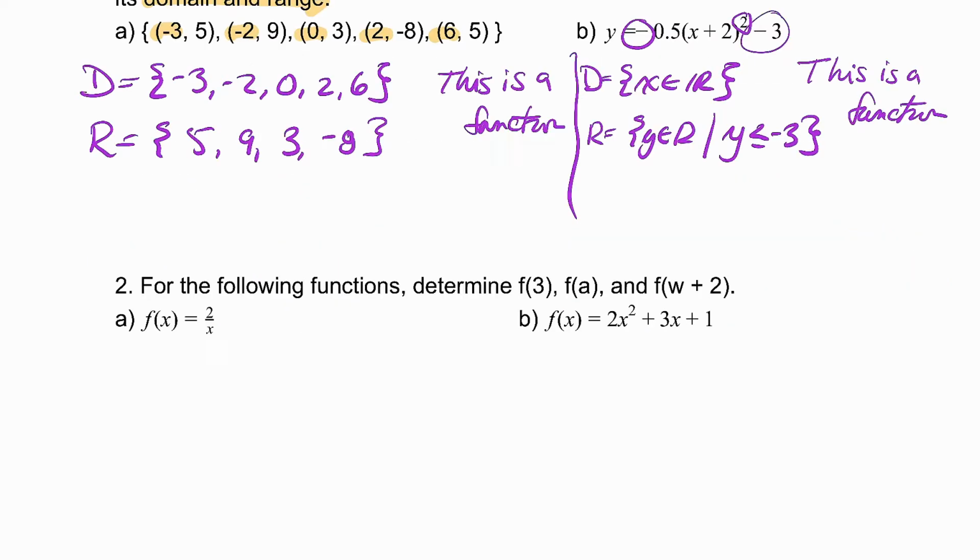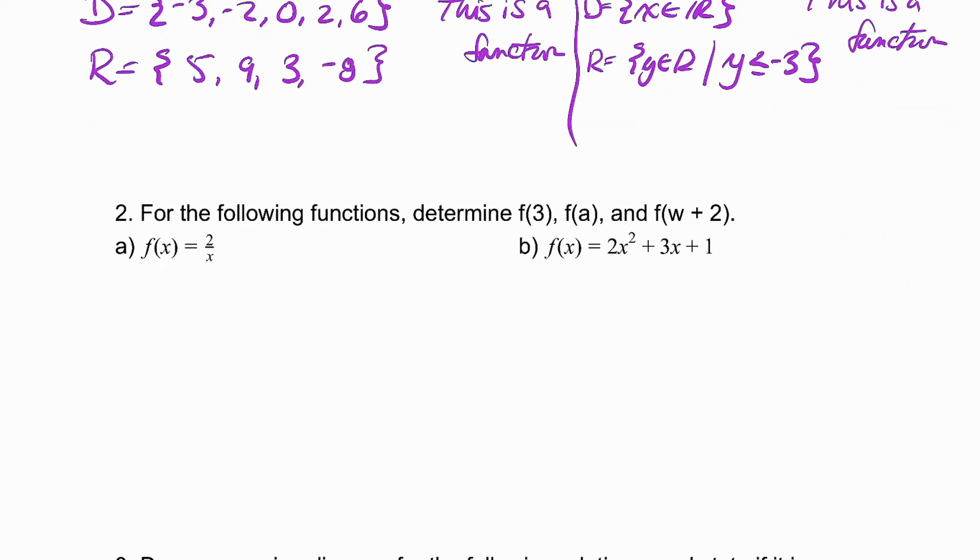For the following function, determine f(3), f(a), and f(w + 2). From what I've seen in some of the formatives, some of us are overcomplicating things. All function notation means is that we're given a function that depends on the variable x.